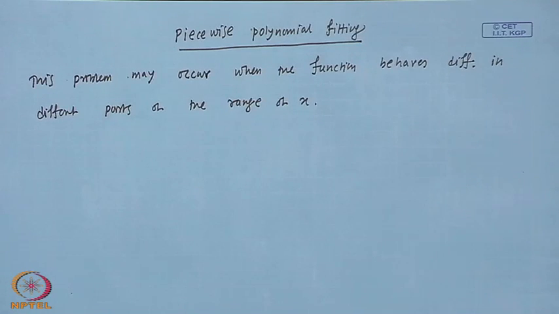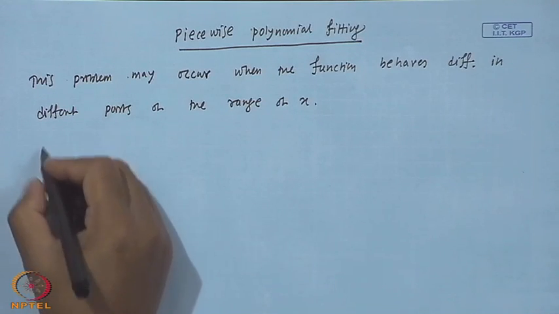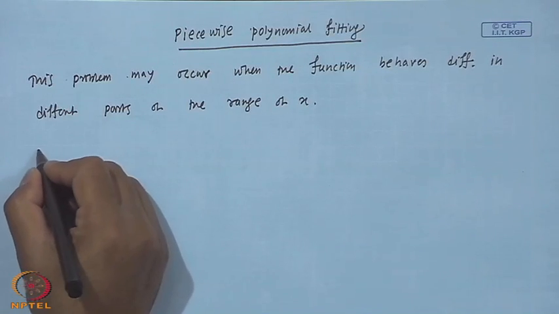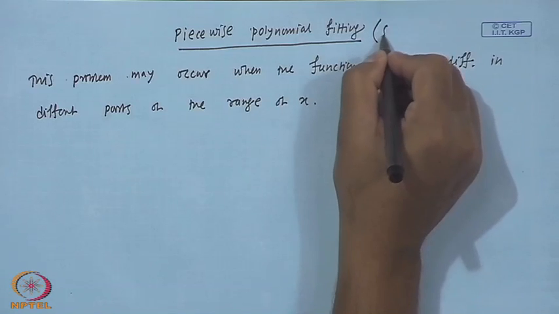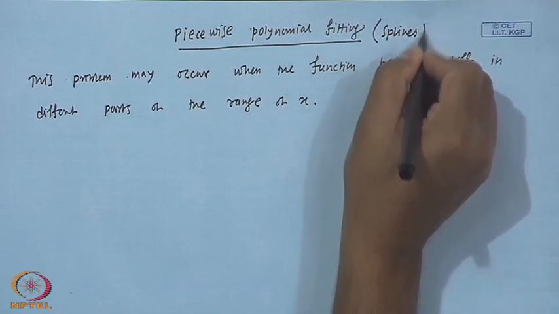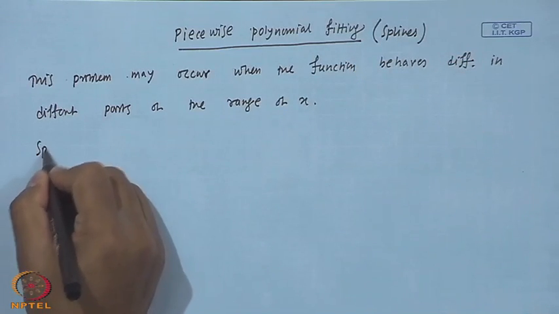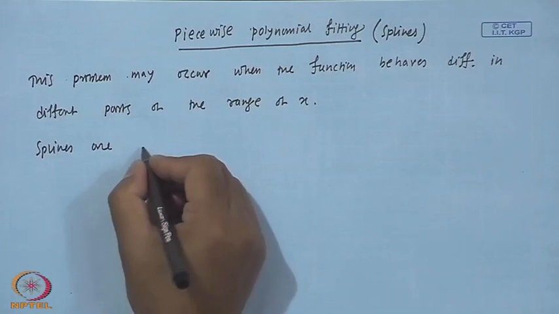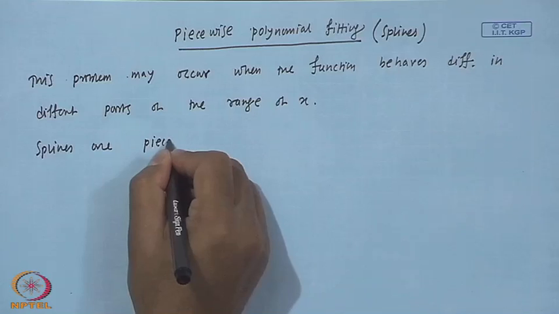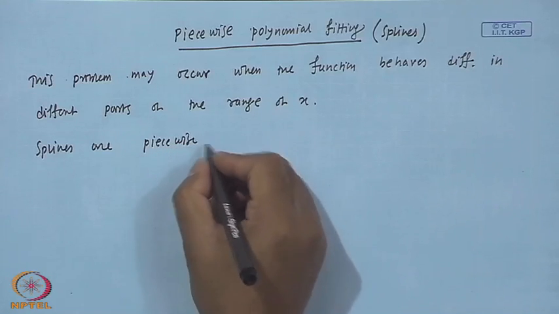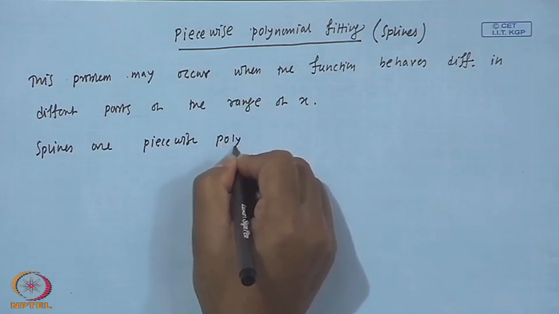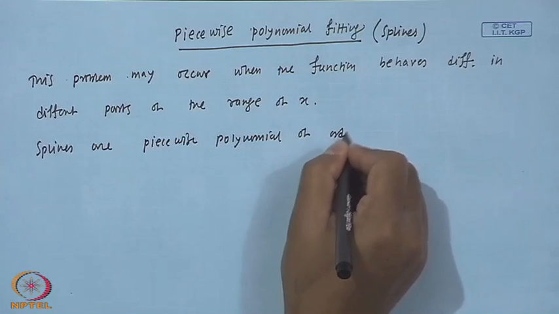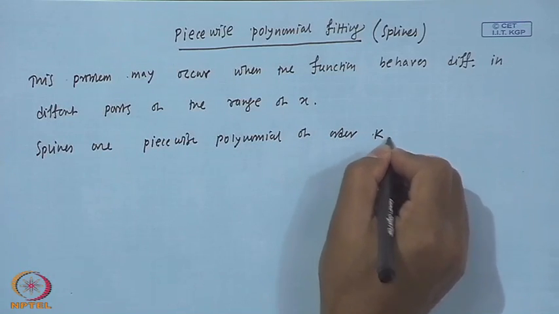Now I will introduce some technical terms. This is also called the spline. The splines are piecewise polynomials of order k.